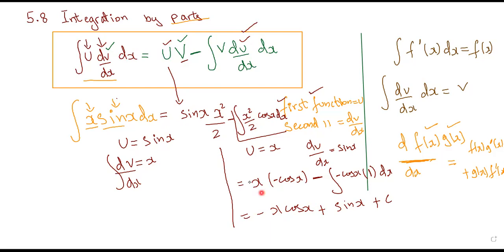We need to choose such a function as the first function, which when we differentiate gets simplified. If you have a trigonometric function and if you differentiate, if you have sine, you will get cos. If you have cos, you will get sine. But if you have x square or x cube, it would ultimately reduce to 1 or any constant number.